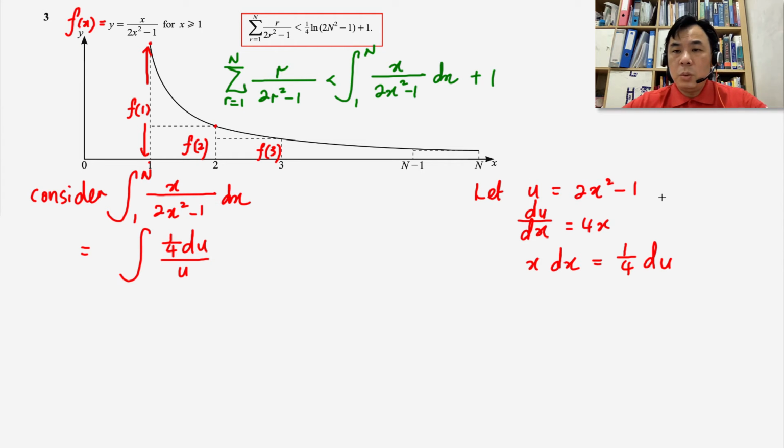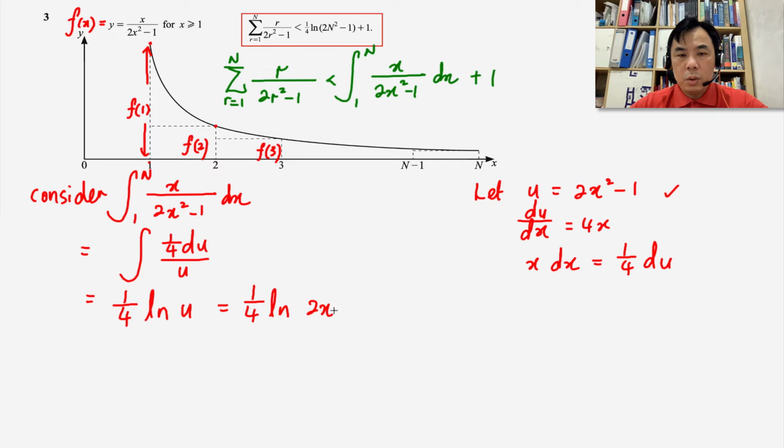Okay, so from here we have a quarter of, now you know the integral of this, which is basically just ln u. And then what is u? Don't forget to replace it back. It's a quarter of ln(2x squared minus 1). Now, because there's a boundary from 1 to n, it's always best to put the boundary back, from 1 until n.